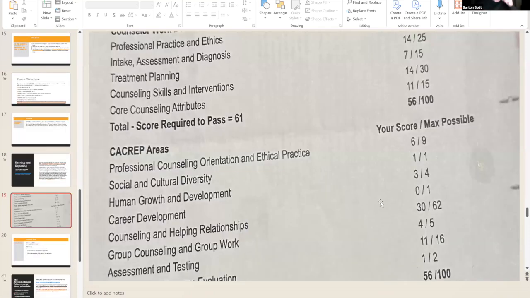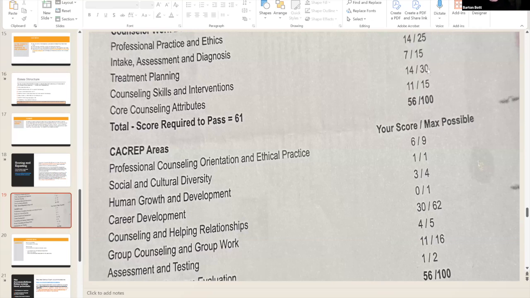Here's an example of the different categories, and these would be the domains, right? The 5 domains: professional practice and ethics, intake, treatment planning, counseling skills and interventions, and core counseling attributes. You could see, just as I said, we had the professional practice and ethics cut off a little bit, but intake, how many questions were there? 25. Treatment planning, 15.